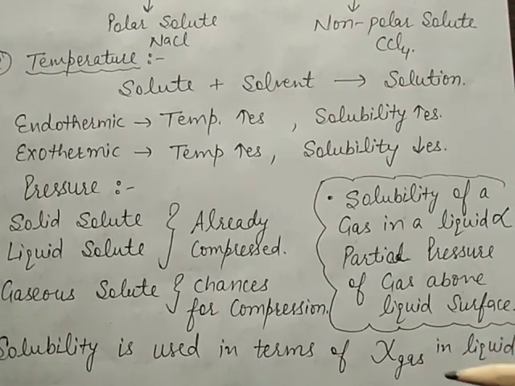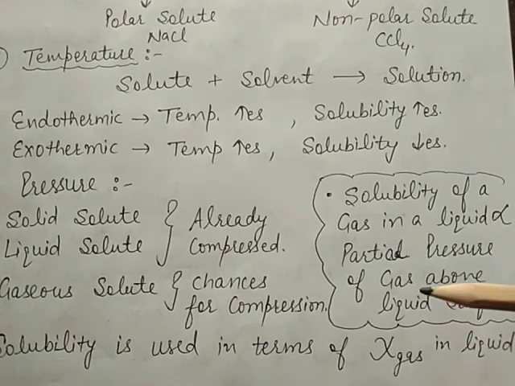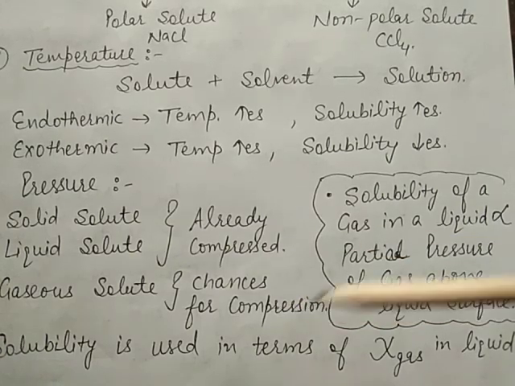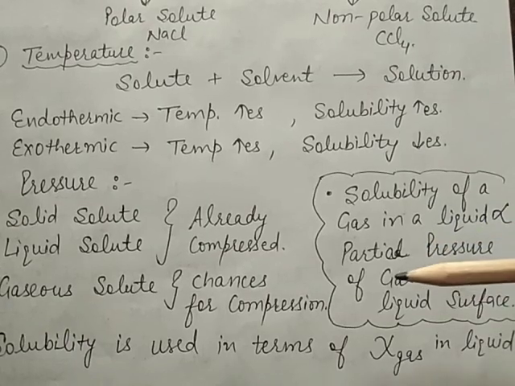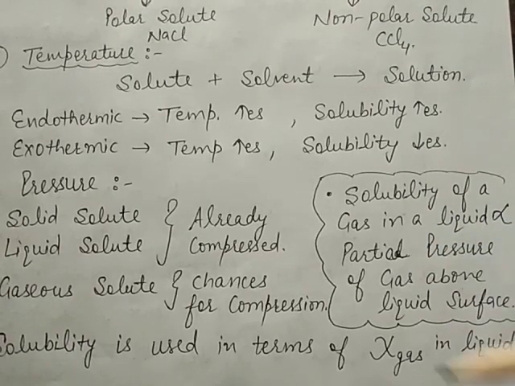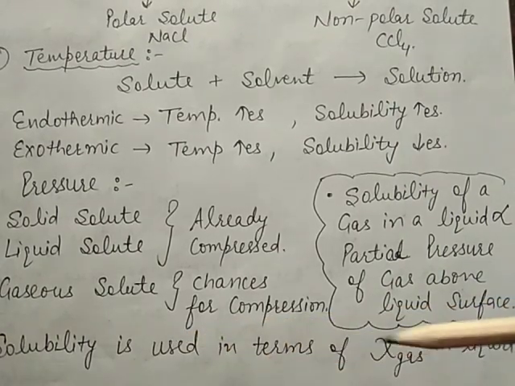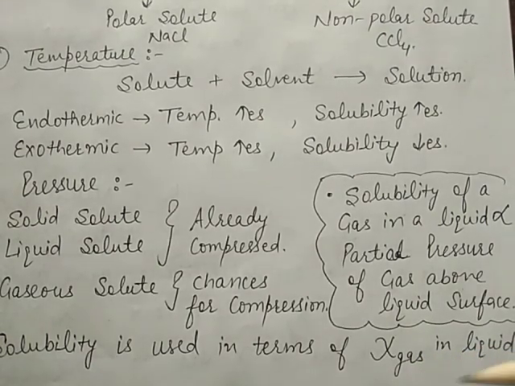Zeta means mole fraction of the gas. Mole fraction depends on the number of moles because during compression the number of moles increases, and if the number of moles of particles increases, the mole fraction of the particles also increases. So solubility also depends on the mole fraction of a gaseous particle.